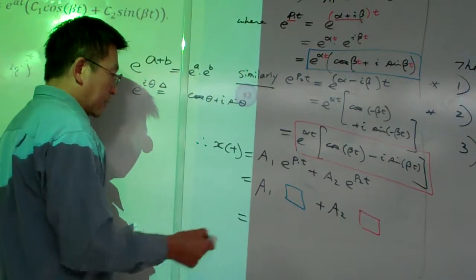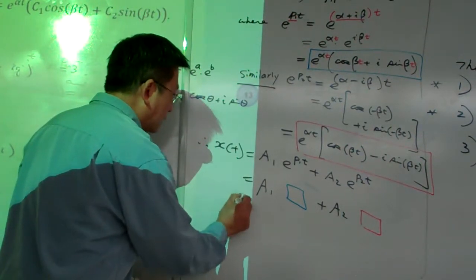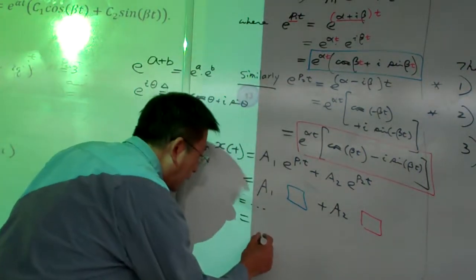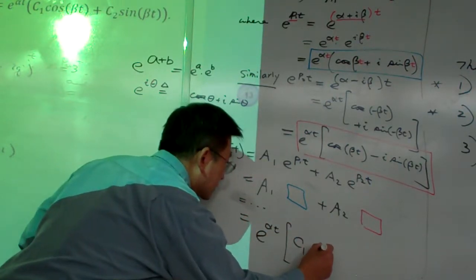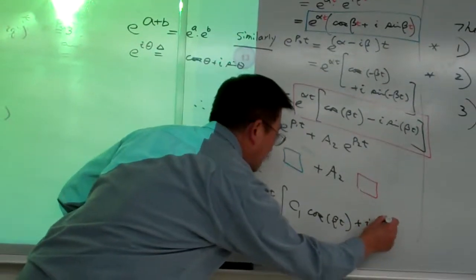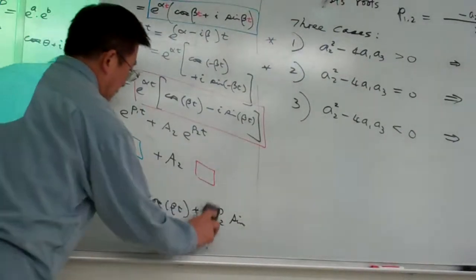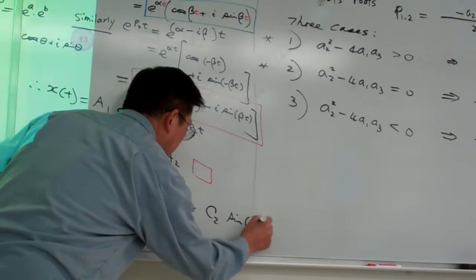Again, let me skip a few steps, and if you like, you can really implement it. Okay. So this one will become e^(alpha t) times c1 cosine beta t plus i times c2 sine beta t.